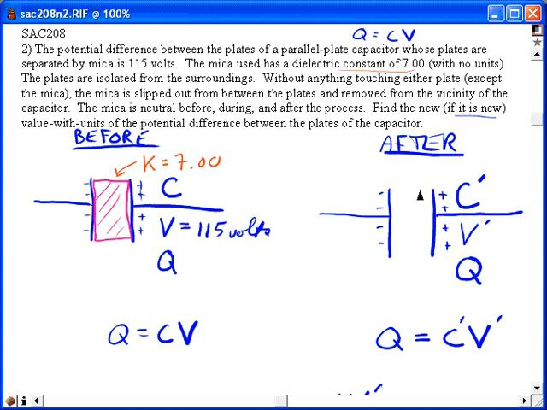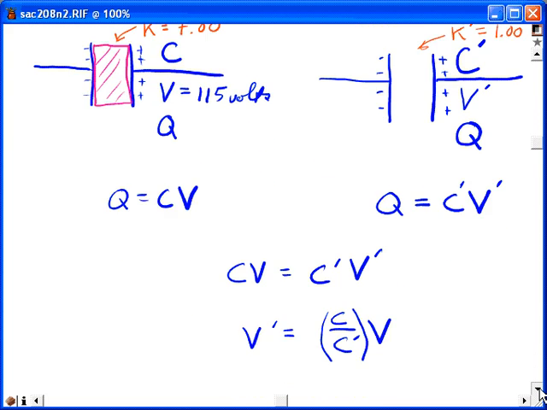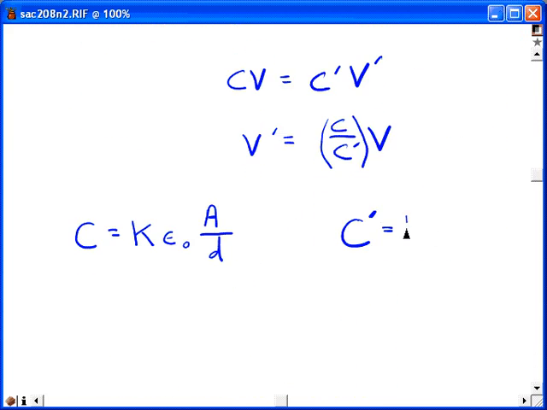And the dielectric constant for air, or vacuum if you wish, depending on where the capacitor is, is 1.00. So the capacitance in the after picture is the same as the before picture, except a different value of dielectric constant, the 1 instead of the 7. I'll call it K prime instead of K.